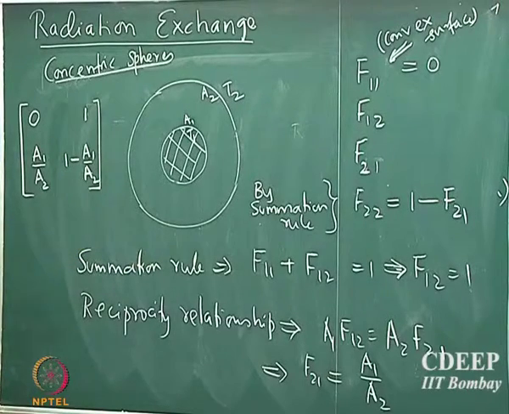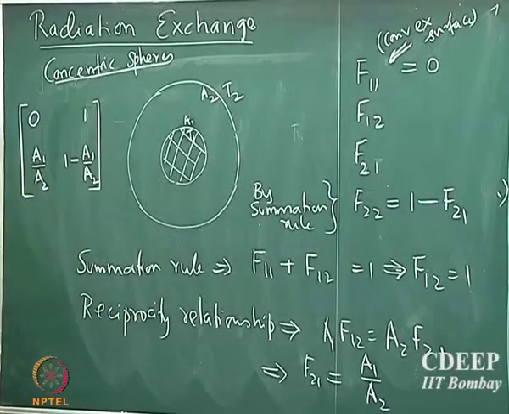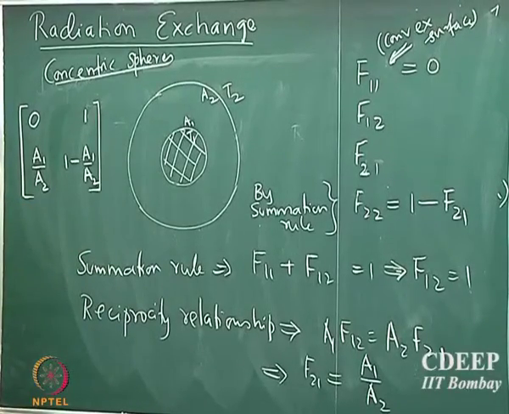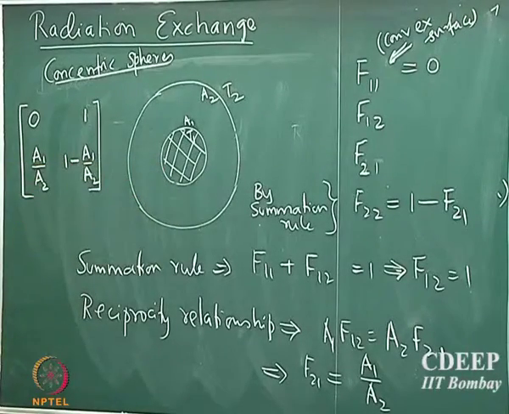Depending upon the system, you may have to integrate, you may not have to integrate. I will show you some other example in a short while where there is no other way other than to integrate the expression to get the view factors. So you first have to intuit what the geometry is and whether we can find out the view factors without doing the gory integration.